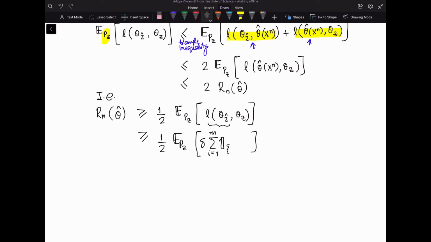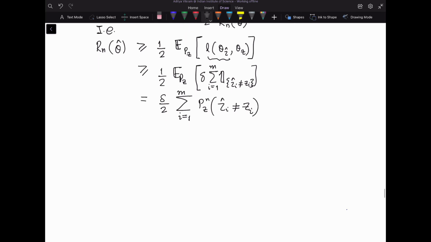Okay, so this is because by construction, right? This is the property of Assouad's construction, and this turns out to be delta by 2. The expectation of an indicator function is just a probability. So okay, now we have something. We have a probabilistic statement, right? And this holds for all z.